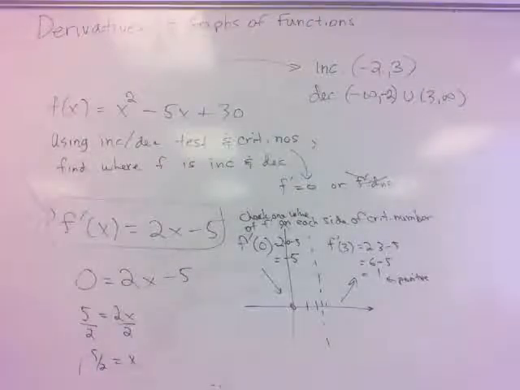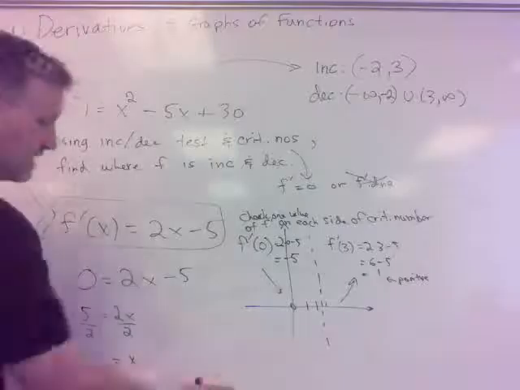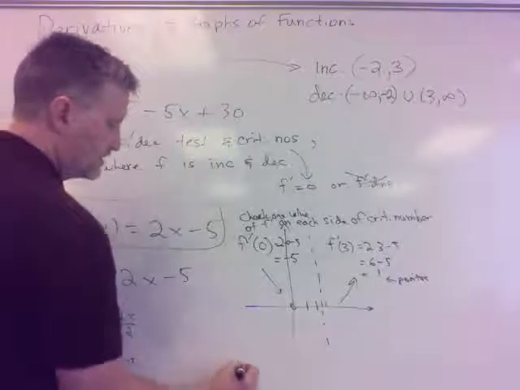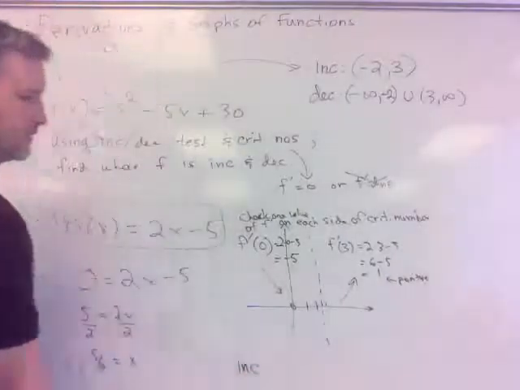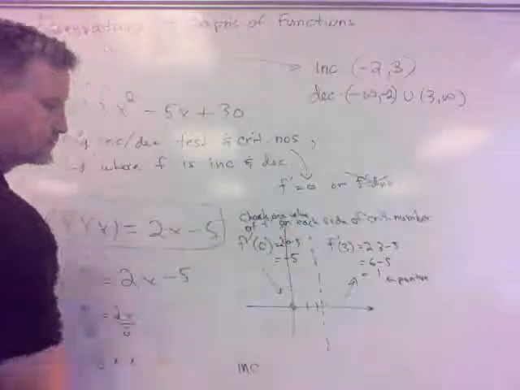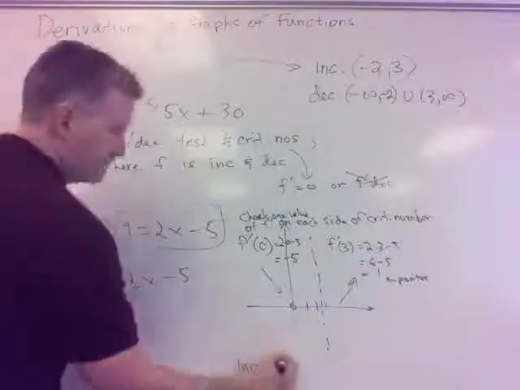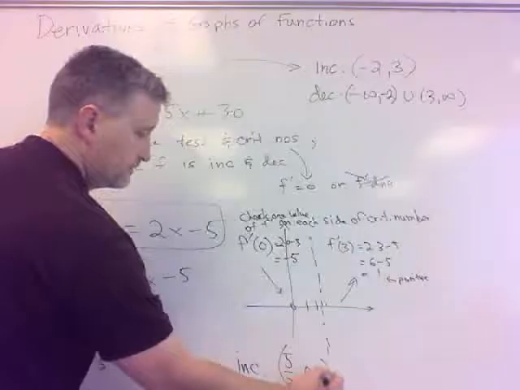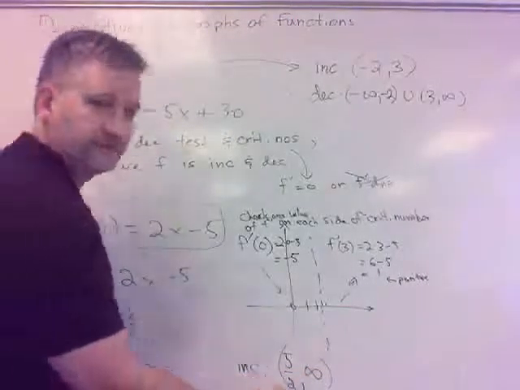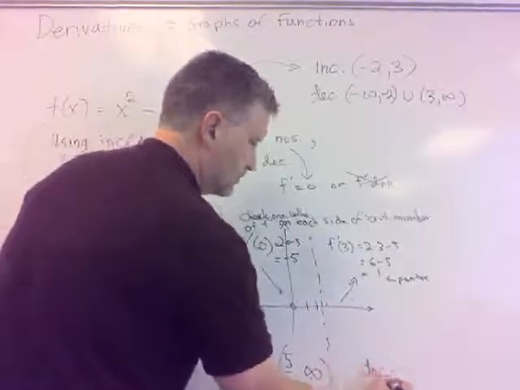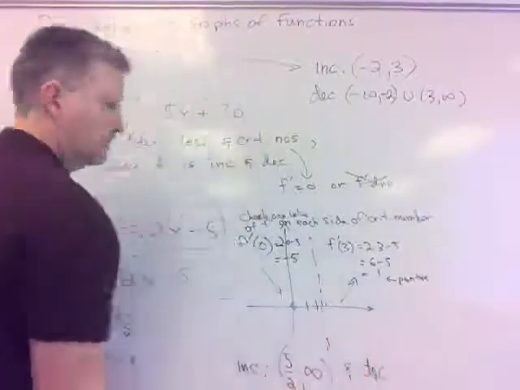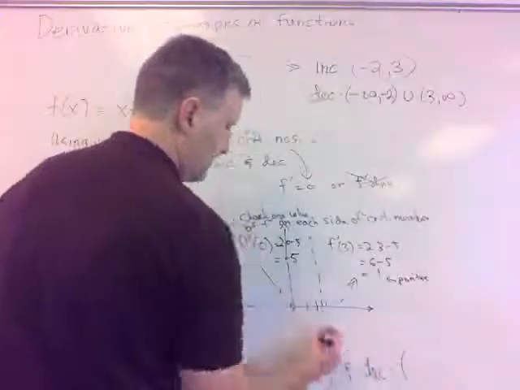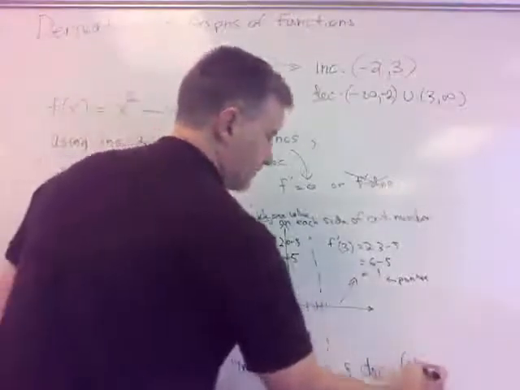Okay? So with that being said, where is our increasing part? Well, it divides up at the critical number, which is 5 halves or 2.5, whatever you want to write. So 5 halves to infinity is increasing, and decreasing will be negative infinity to 5 halves.